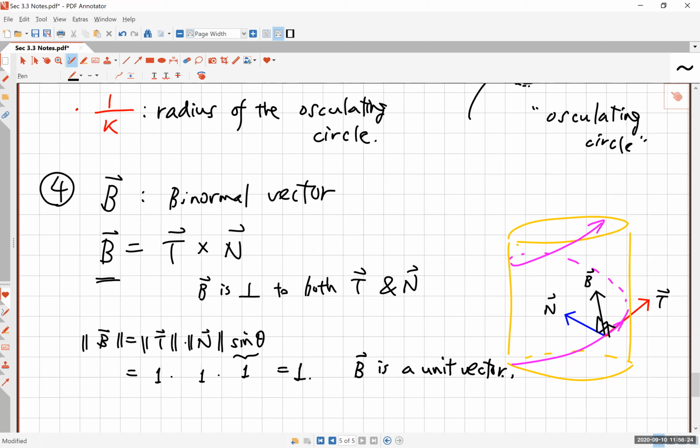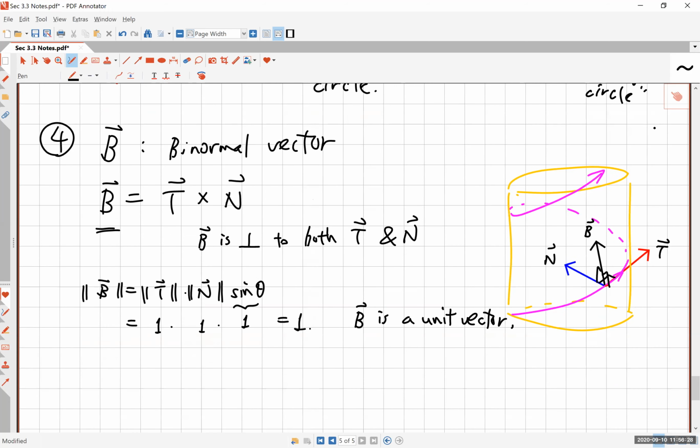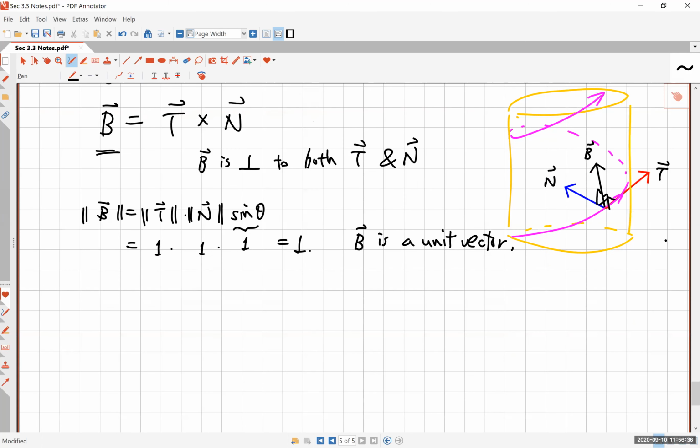So we have 3 unit vectors, T, N, and B, all perpendicular to each other. This is like your mini small world of XYZ coordinates. In fact, that is the best way to understand this. T, N, B make a small local XYZ type of coordinate system. This is called the Frenet frame.